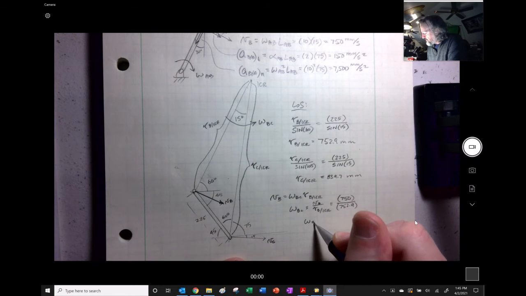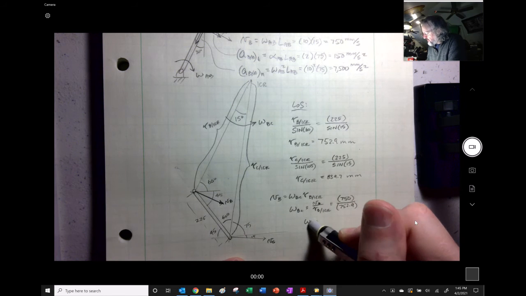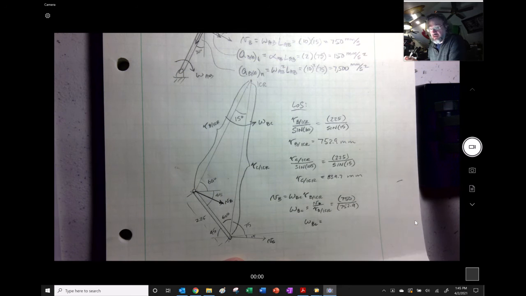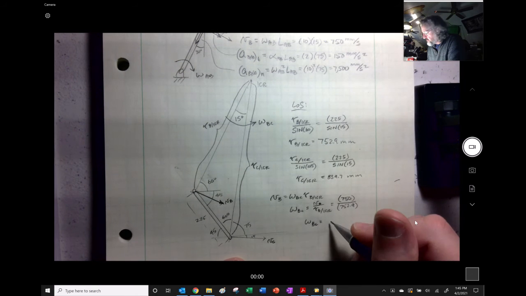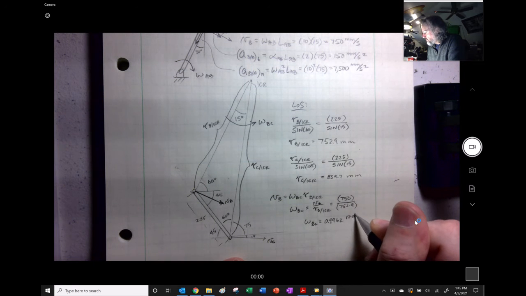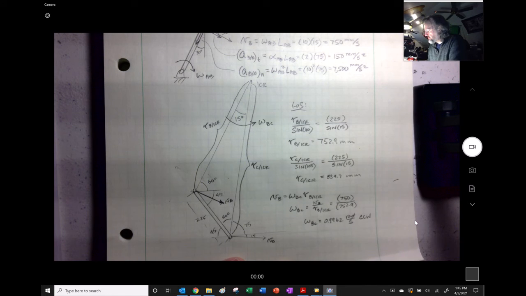So omega BC, getting sloppy here at the end. This is going to be a long assignment, so need to be nice and neat. That omega BC turns out to be 0.9962 radians per second, and it's counterclockwise.